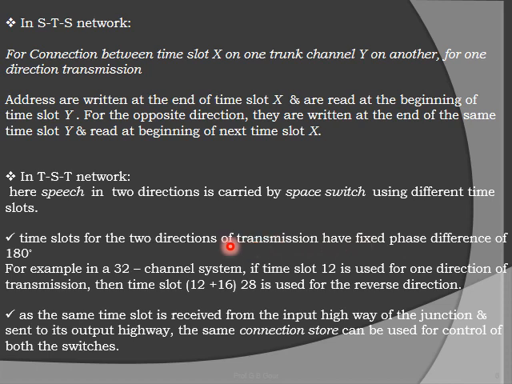For example, in a 32 PCM frame system, if time slot 12 is used for one direction, then time slot 12 plus 16, that is 28, is used for the reverse direction. This is how the same switch can be used for both directions.